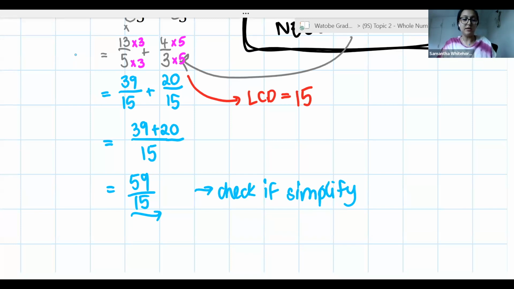So 59 divided by 15. If you type it in on your calculator and you push equals, your calculator automatically always gives you the simplified answer. So because it gave me back 59 over 15, I know that this is my most simplified form of the answer.